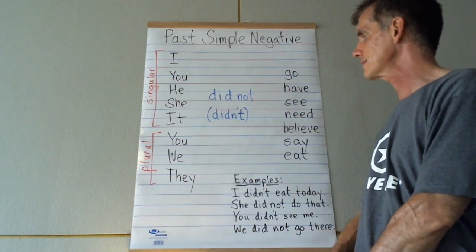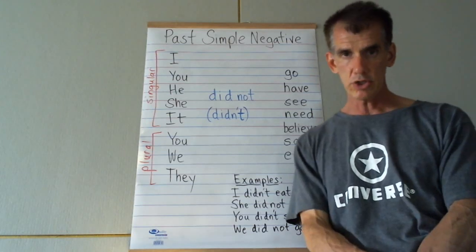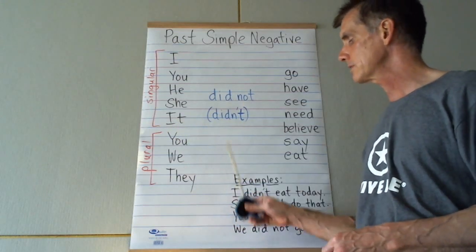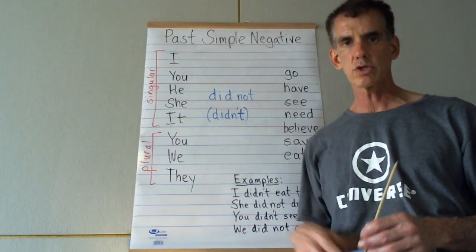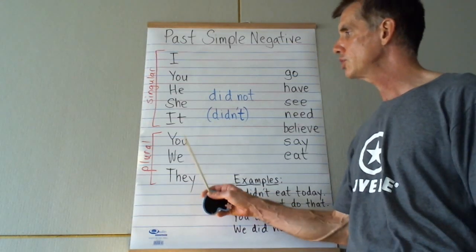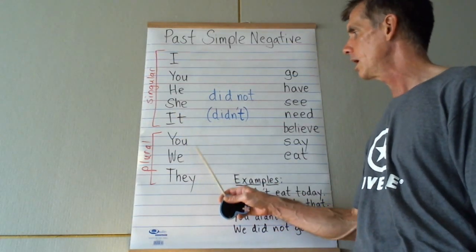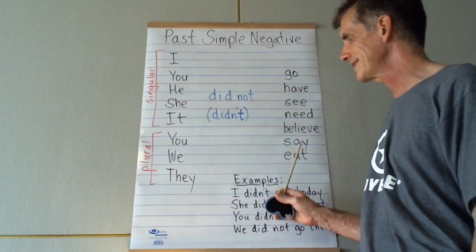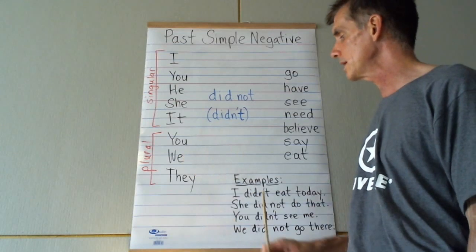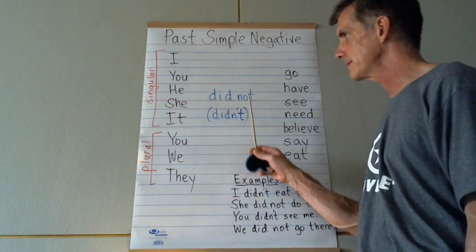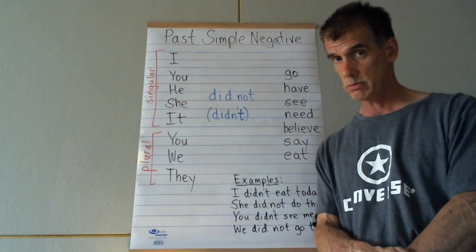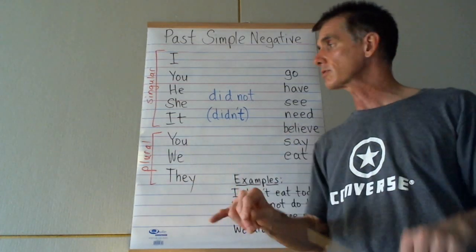It did not eat very much. Okay? If you're talking about an animal or something like that, it did not or it didn't eat very much when I saw it. Okay? And moving on to the plural, you did not or you didn't say very much yesterday. We did not or we didn't have much homework yesterday, if you're talking to your class or something like that.